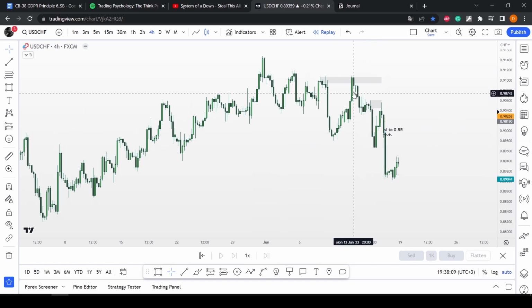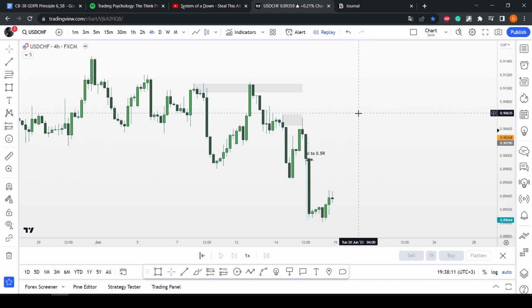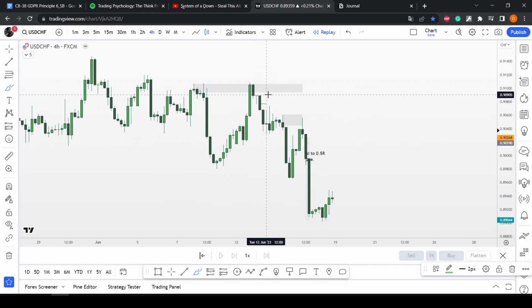The last unmitigated part. So if we look closely, why did this move happen here? Because we had this unmitigated part, but this was also a good zone because it is situated in this bigger volume zone. It's a good refinement.